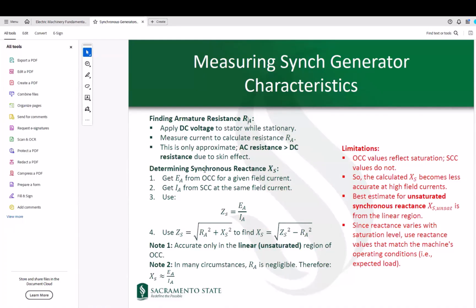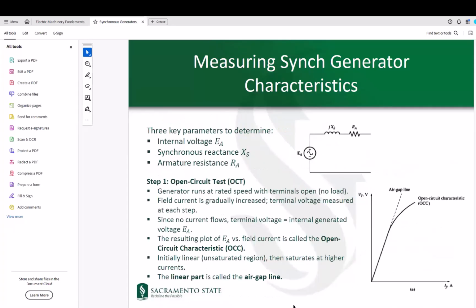And then in order to find the synchronous reactance XS, we're going to get the EA from the open circuit test for a given field current. We're going to get the IA from the short circuit test at the same field current. And then ZS is going to be EA over IA. So at a certain IF, we're going to see how much voltage we have.